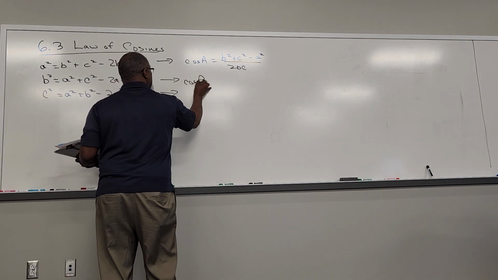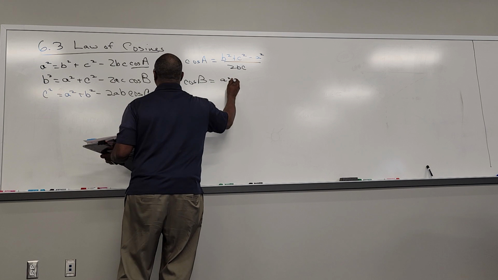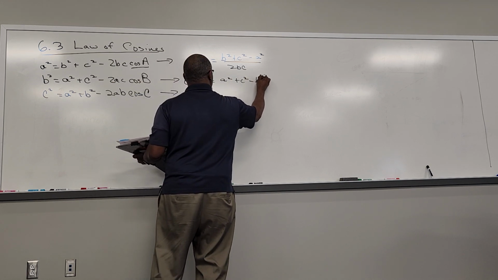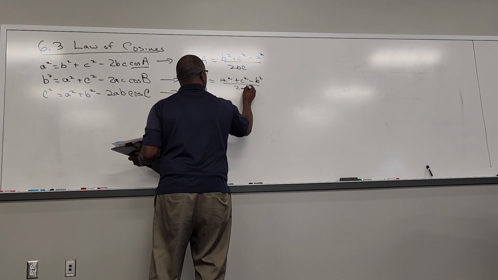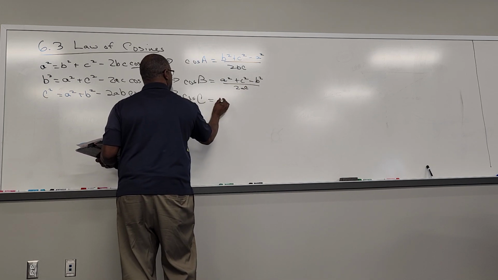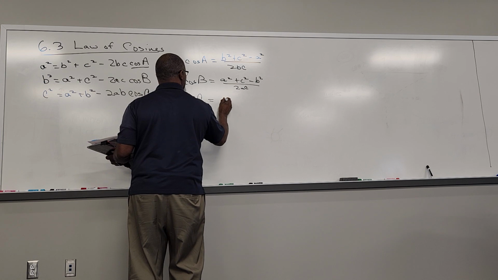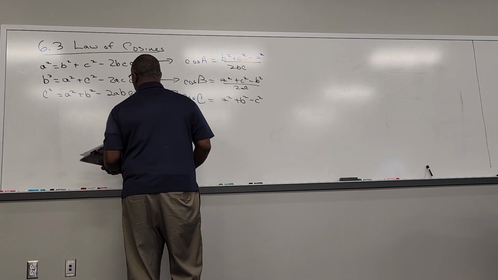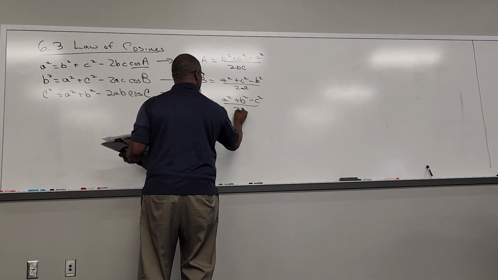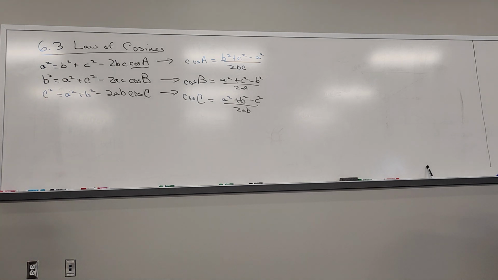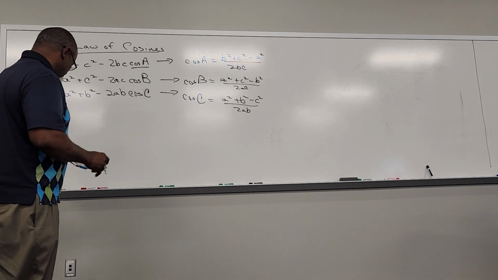Cosine of angle B would be A squared plus C squared minus B squared over 2AC. And finally, cosine of angle C would be A squared plus B squared minus C squared over 2AB. Those come directly from those formulas, so you can use either form that you need.